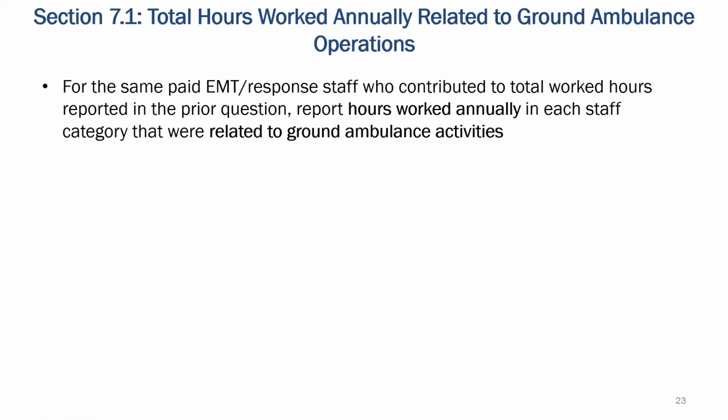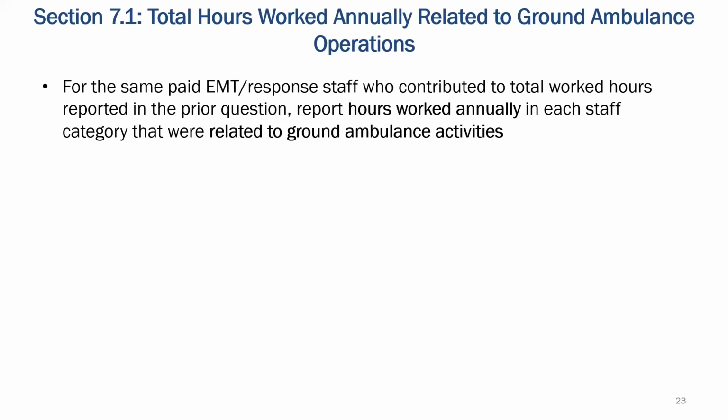So it's important that the hours worked cover the hours worked related to ground ambulance services specifically. This can be a tough step for some organizations that think about their operations more holistically, covering both, say, ambulance and fire. It is really important, though, because the scope of the GADCS is limited to ground ambulance.